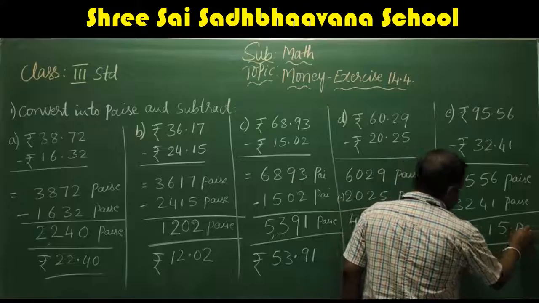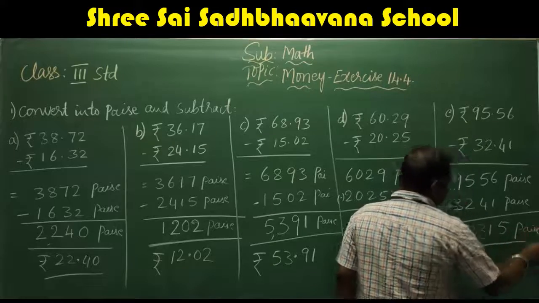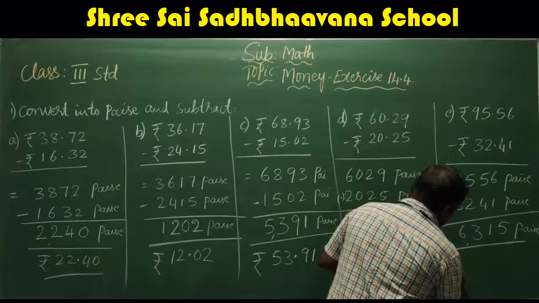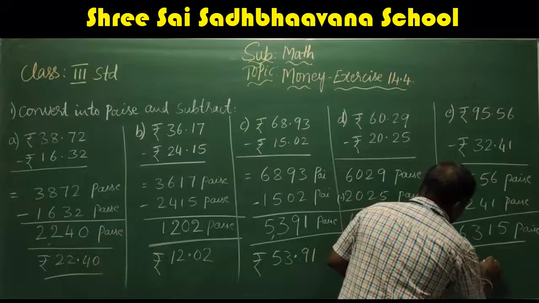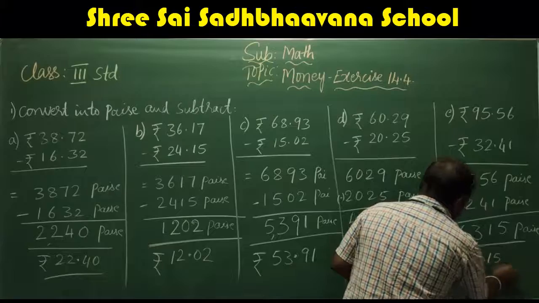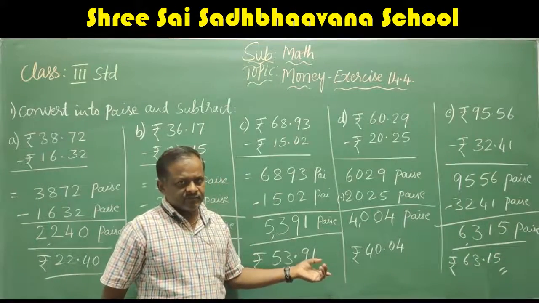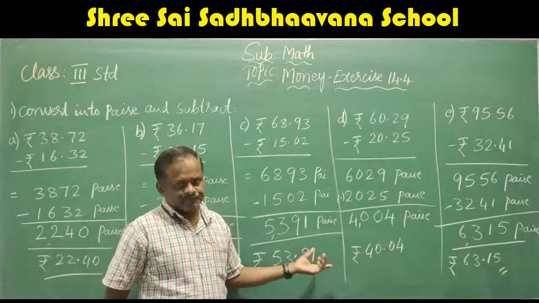That is 6,315 paise. When you write this in rupees, it is rupees 63.15. I hope you understand this one.